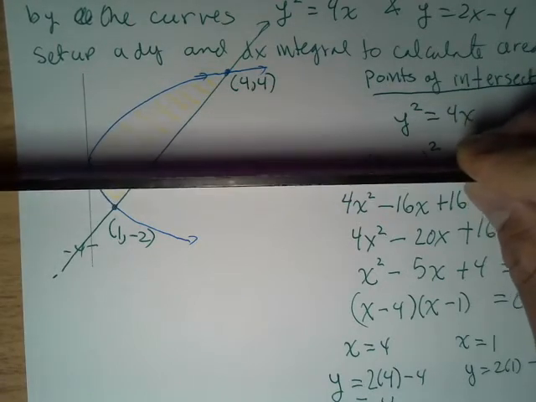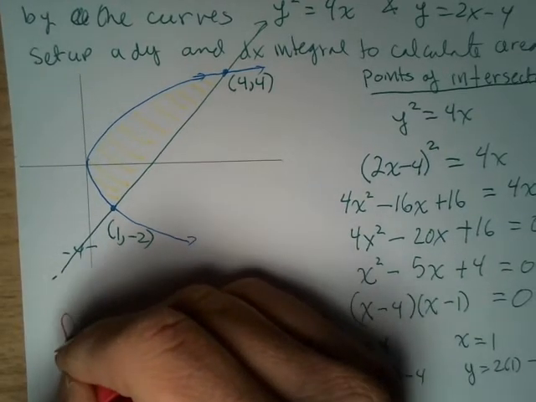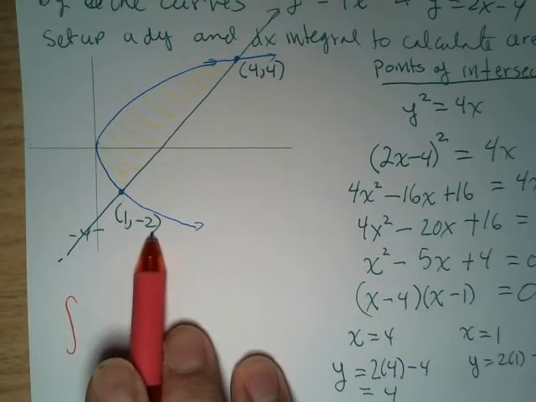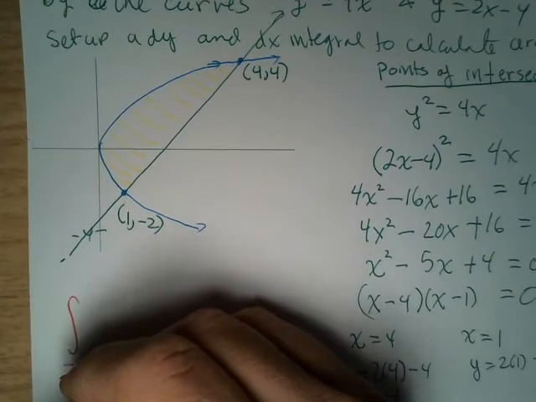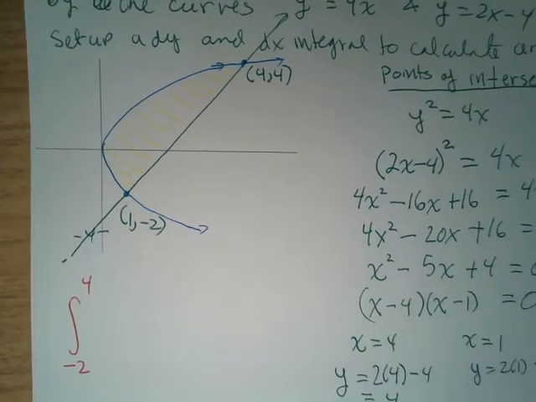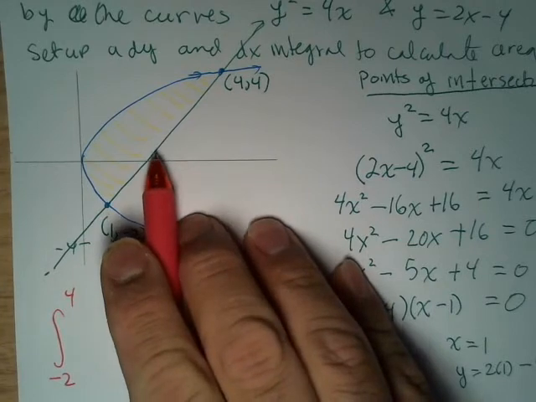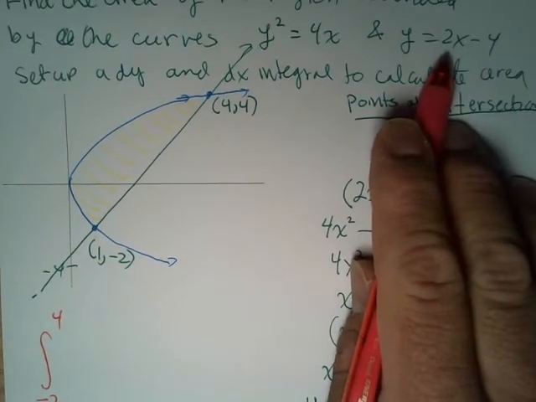So if we go across this whole interval here, the right curve is always the same. All right. So if we set up our dy integral, we're going to have an integral here, and it goes from negative 2, the y value, all the way up to 4. And then the right curve is the line, y equals 2x minus 4, but it has to be x equals.